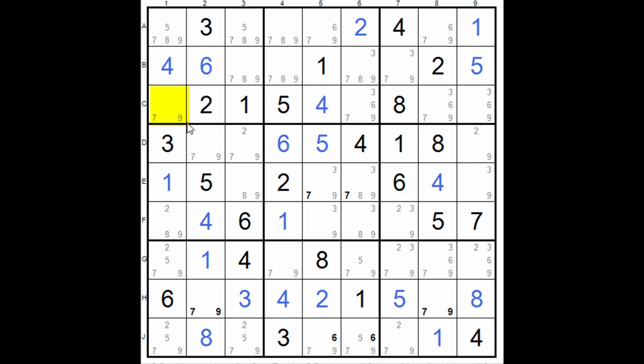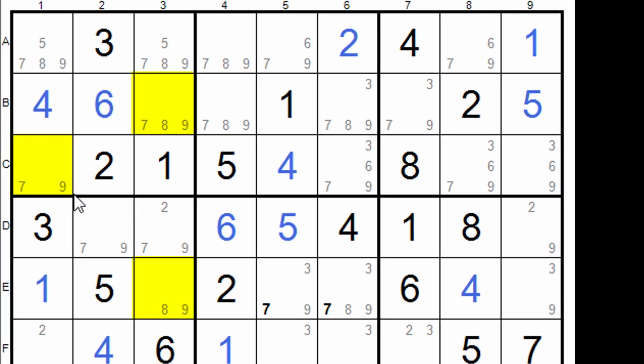So if we think of C1, B3 and E3, now we have valid contenders because C1 can be seen by B3, as can D3. Then we have to look for a target cell. Now in this case we have a 7, 9 and an 8, 9. The common between the two of those is a 9.